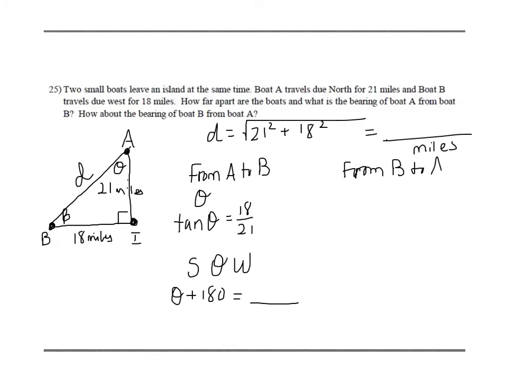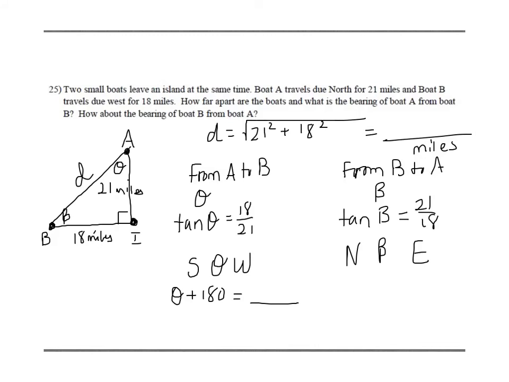Okay, from B to A, that's going to be beta. And beta can be found: the tangent of beta is equal to 21 over 18, flipped around, right? Or couldn't I have just done 90 minus theta, whatever I get for theta? Sure. Okay, so this is going to be going a different way. This is going to be going north and east, from B to A. So I'm going to say north, then whatever I get for beta, and then east.